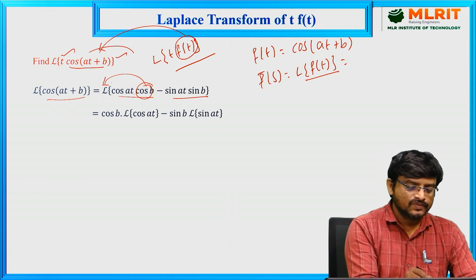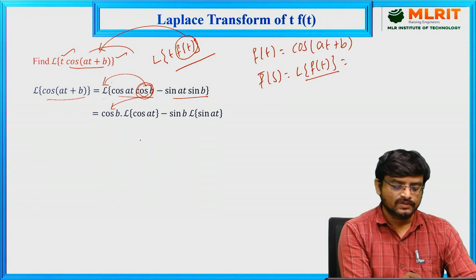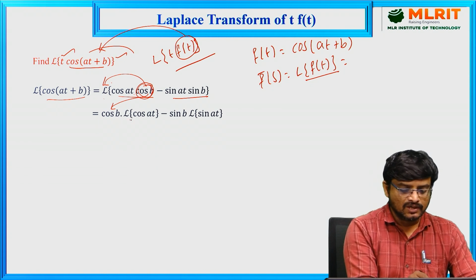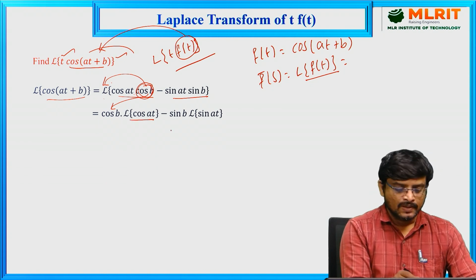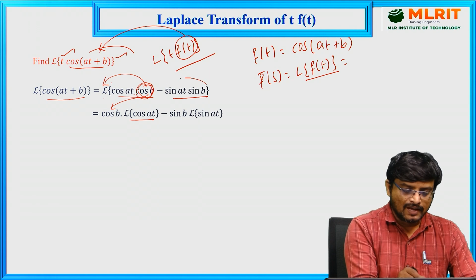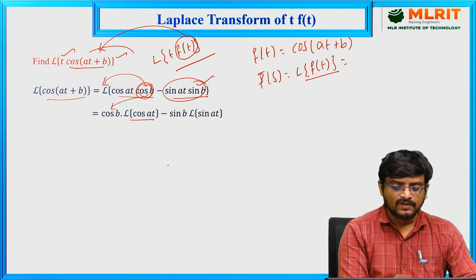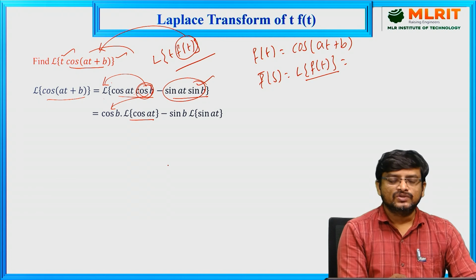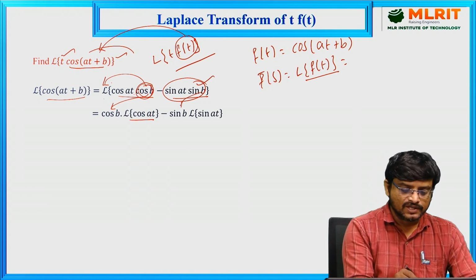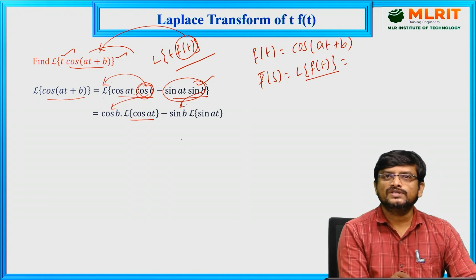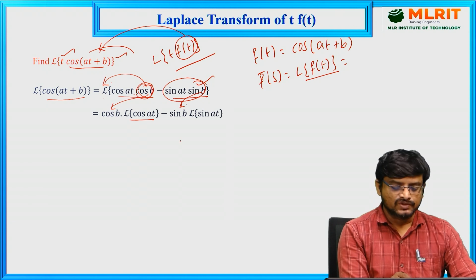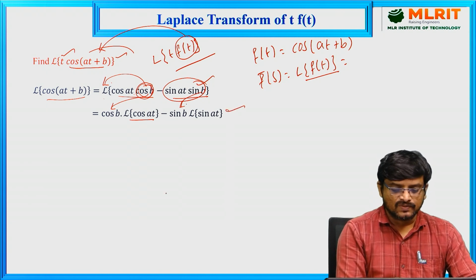In the first term you have cos b, which we consider a constant because we don't have the t variable in that function. So cos b into Laplace transform of cos at, minus, apply the Laplace transform for the second term. In the second term we have the factor sin b, which becomes a constant because no variable is involved. So sin b into Laplace transform of sin at.